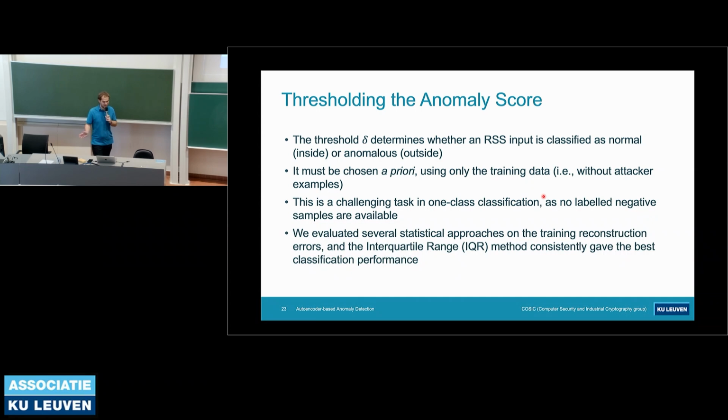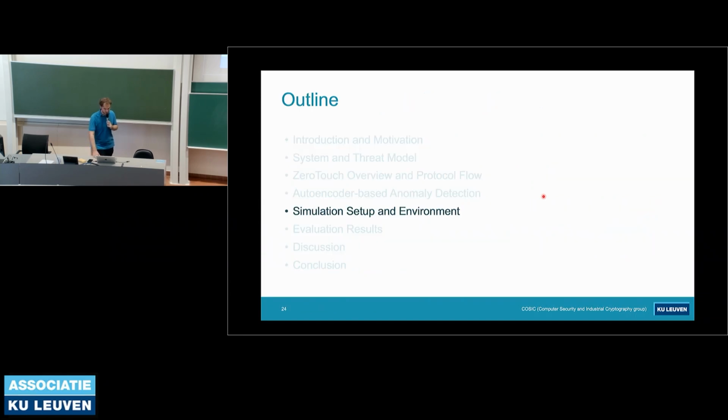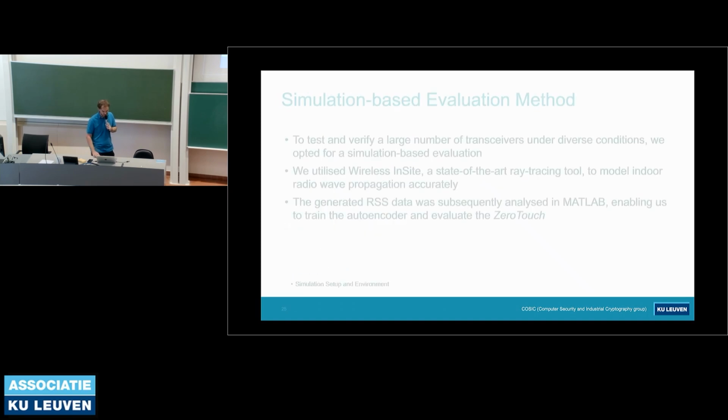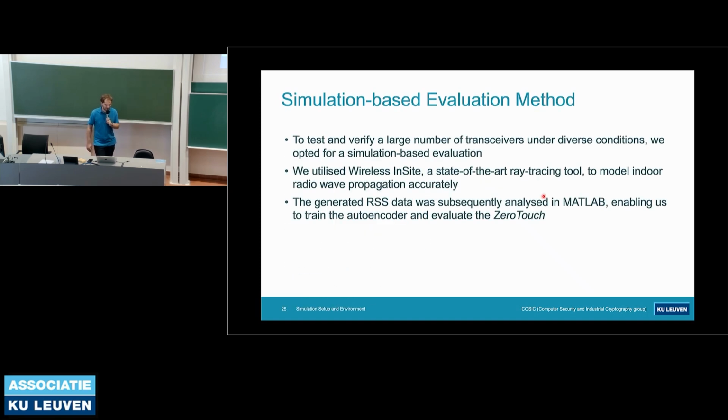And we tried many statistical approaches, and the IQR method, which is one of the statistical methods, gave us good results. So, knowing this, how did we approach our simulation? We wanted to verify a large number of devices, transmitters and receivers.